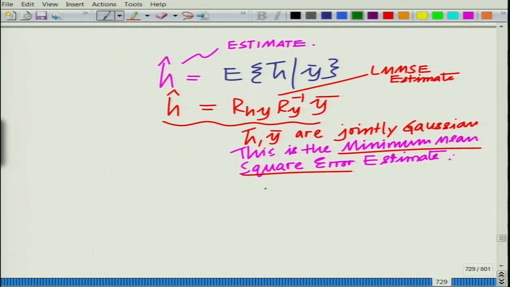That is, if you ask for the estimate h hat such that the mean of the squared norm of h hat minus h bar, the mean square error, is minimum, that is this MMSE estimate.